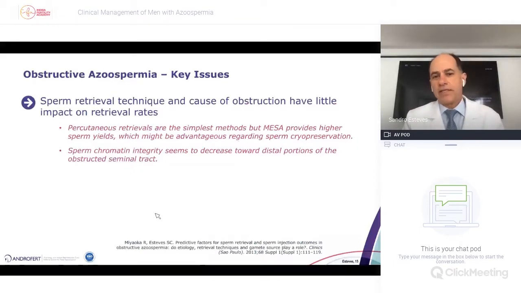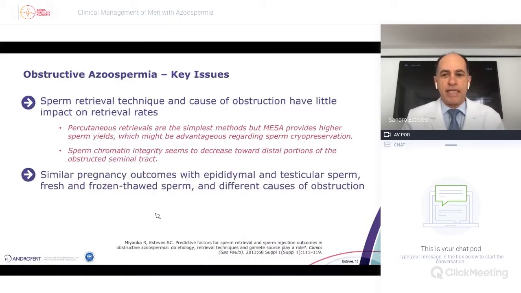The sperm chromatin integrity seems to decrease towards the distal portions of the obstructed seminal tract. So if you decide to go for epididymal aspiration, I would recommend you start in the mid portion of the epididymis, and then you can move cranially if you don't find enough motile sperm for ICSI.